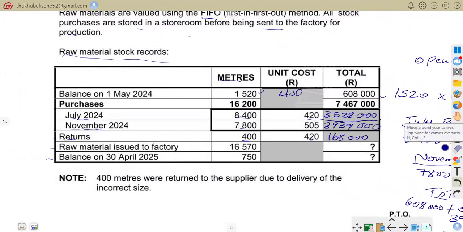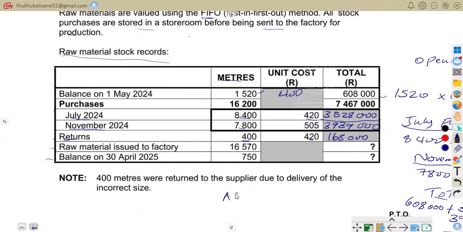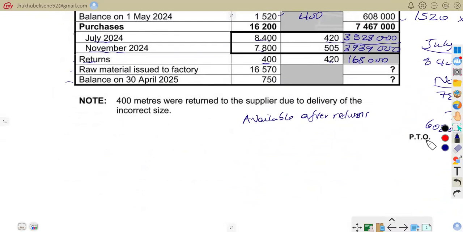When you calculate that, available after returns, we are going to say 8,075,000 minus 168,000.